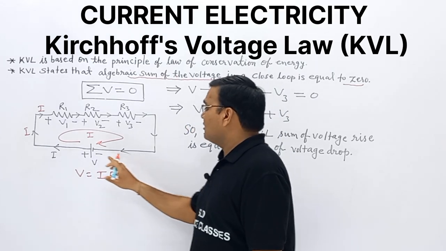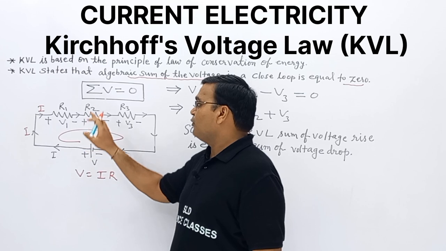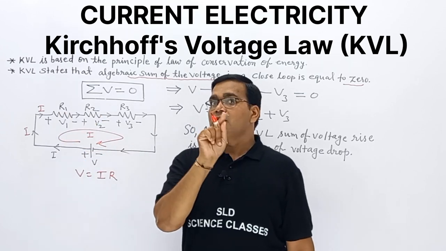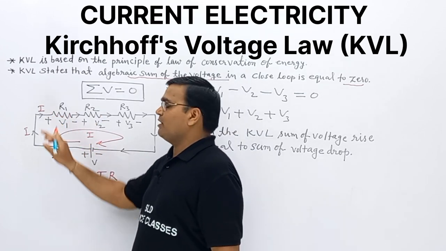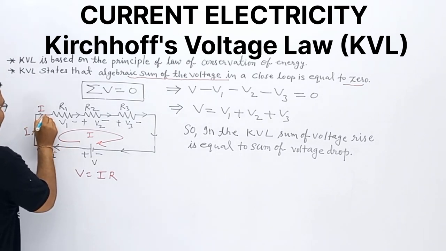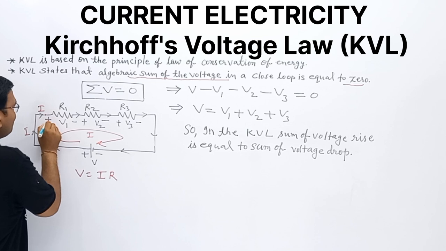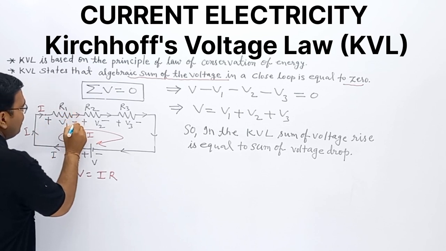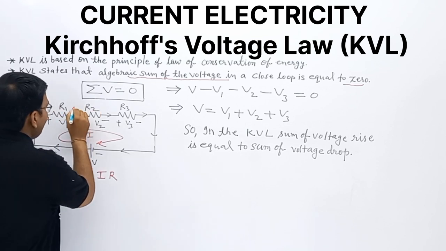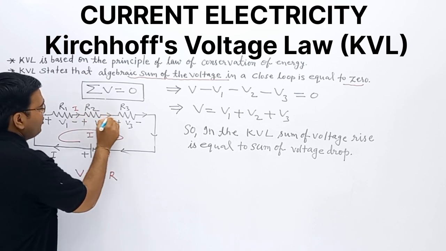Observe. First thing, current starts from the positive terminal of the battery to the negative terminal. Second thing, whenever current enters any element, observe this current I entering resistor R1. The entering point will be what? Positive. The leaving point will be what?